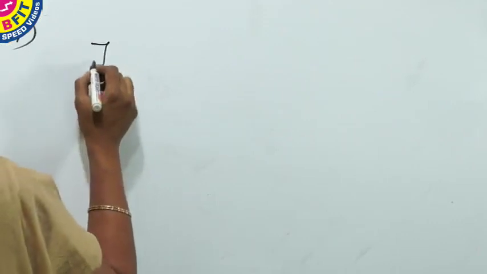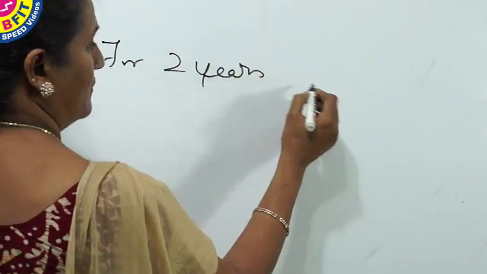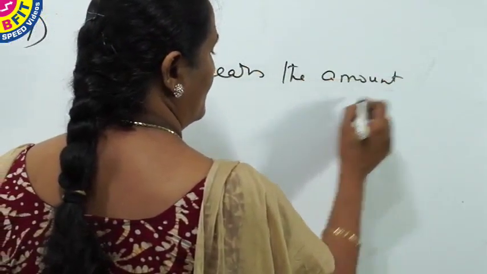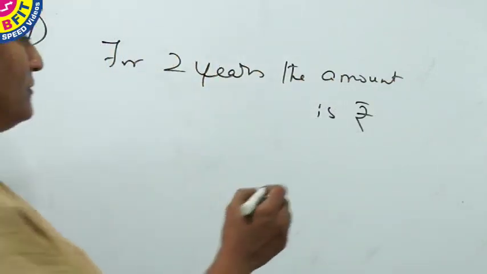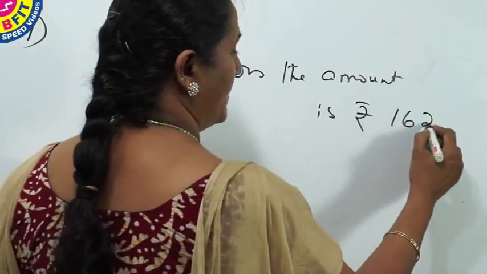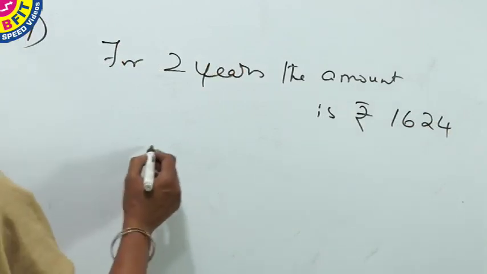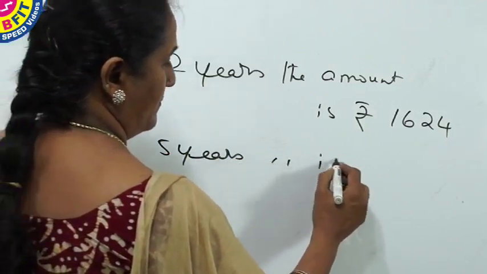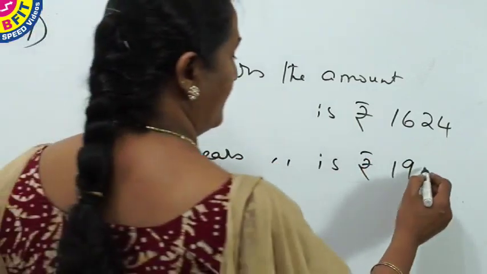So for 2 years the amount got is 1624, and for 5 years the amount got is 1960.